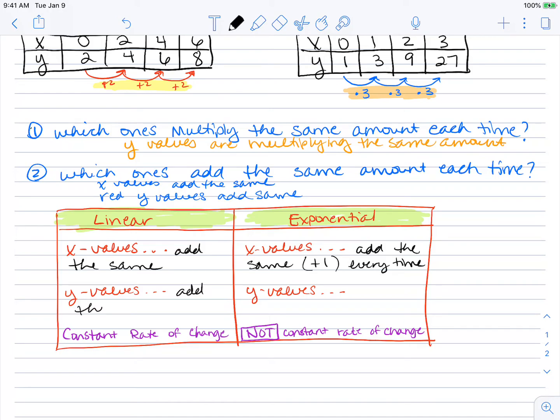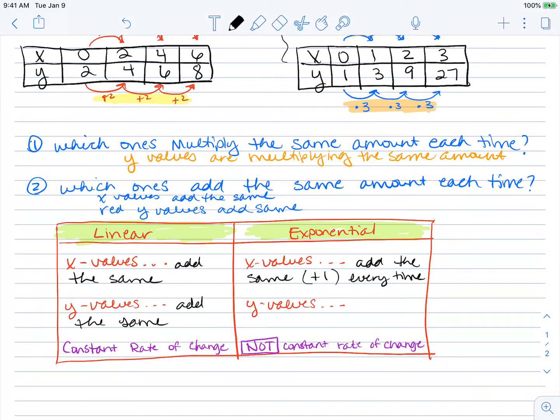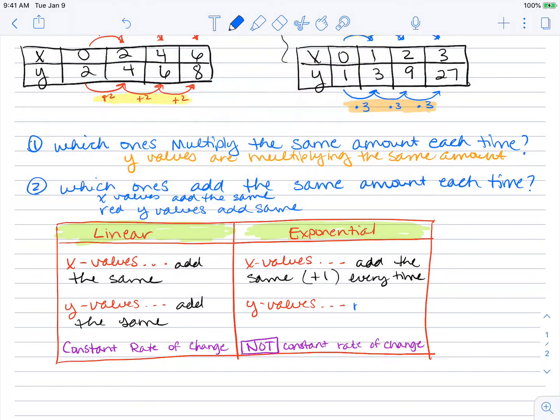They add the same. But on this side, right down over here, well, we notice that the y values, I'm going to do this in blue and say they multiplied the same every time. So that's how I can distinguish between something that's linear and something that's exponential.